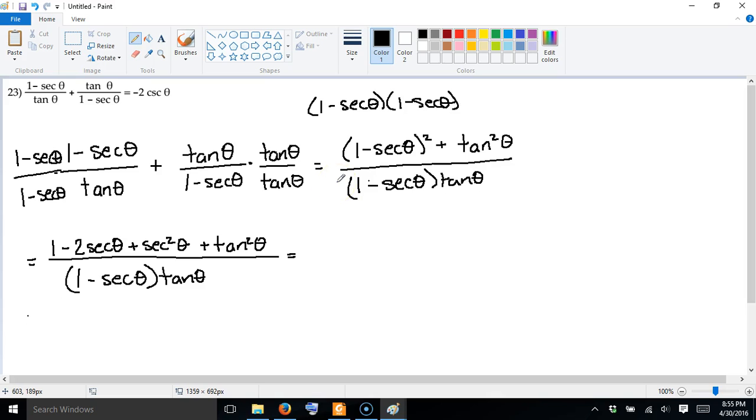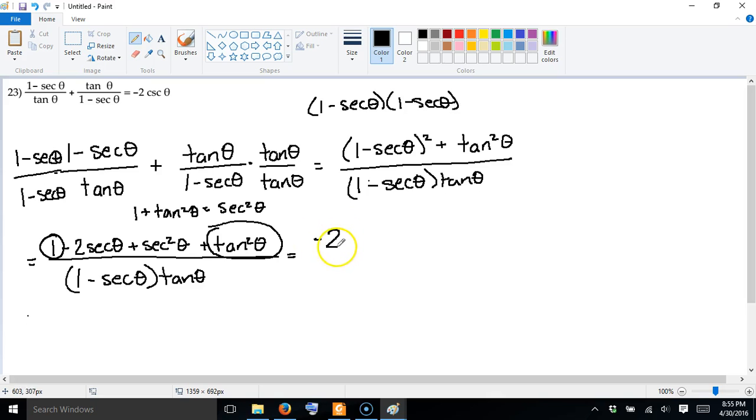Next, I'm going to use the fact that 1 plus tangent squared theta is equal to secant squared theta. That is a Pythagorean identity. I'm going to replace that 1 plus tangent squared theta with a secant squared theta.